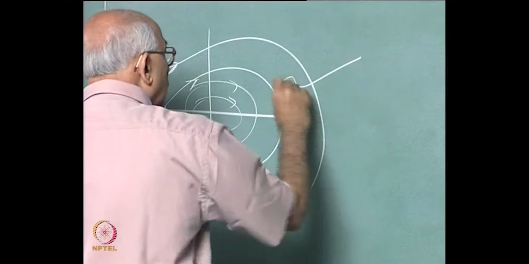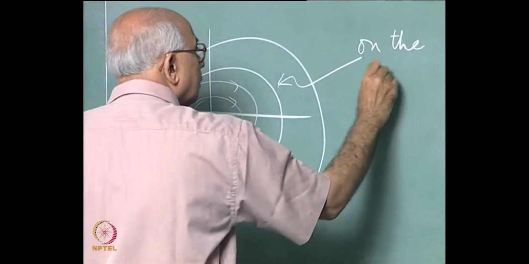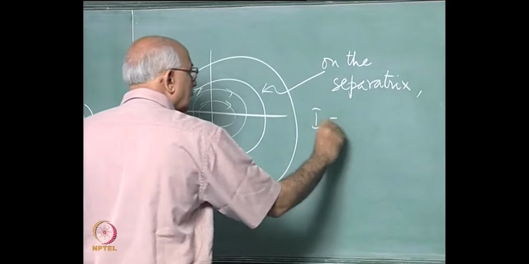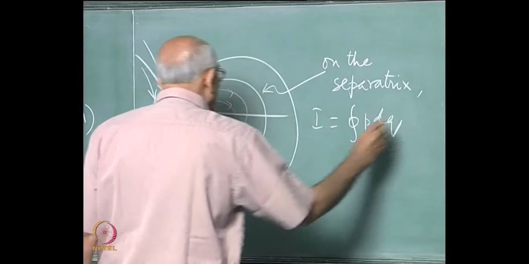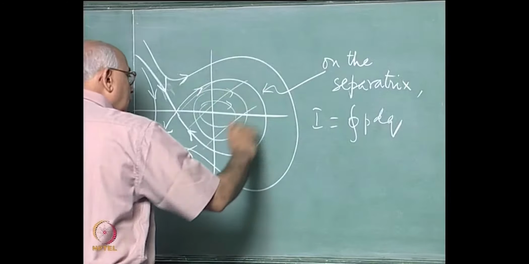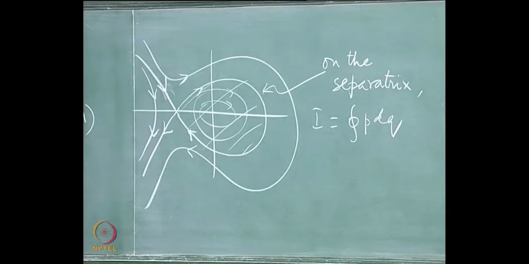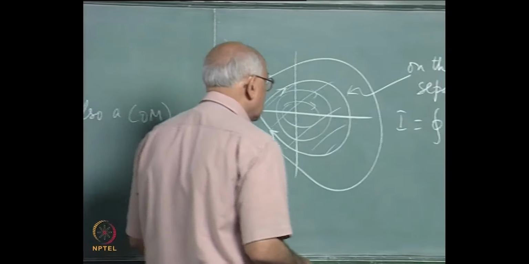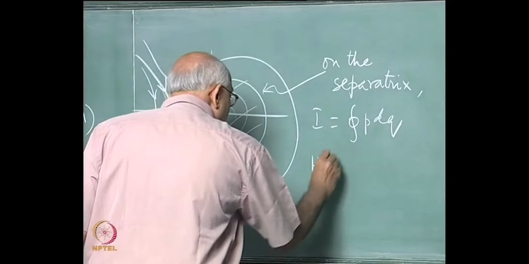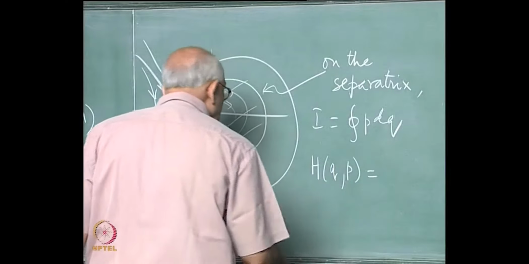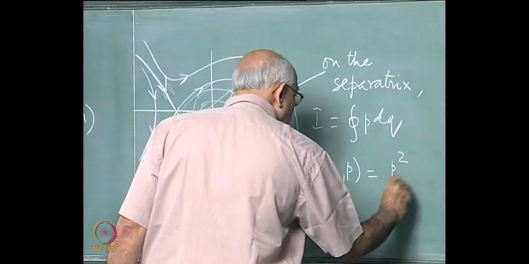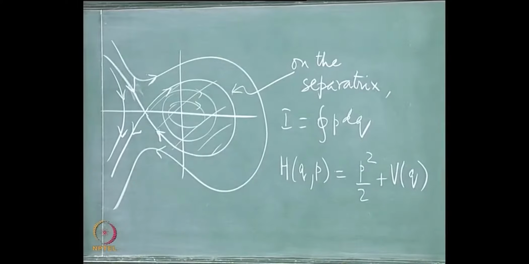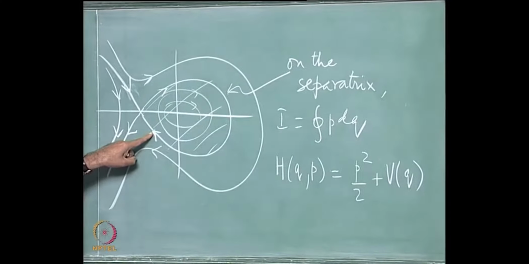So we would like to know on the separatrix the action is integral p dq, which is geometrically nothing but the area enclosed by this loop, and we know the equation to this loop. We know what p is on this loop, because if you recall the Hamiltonian H of q comma p in that particular problem was equal to p squared over 2m, twice the mass if you like, plus V of q, and on the separatrix it had a specific value.